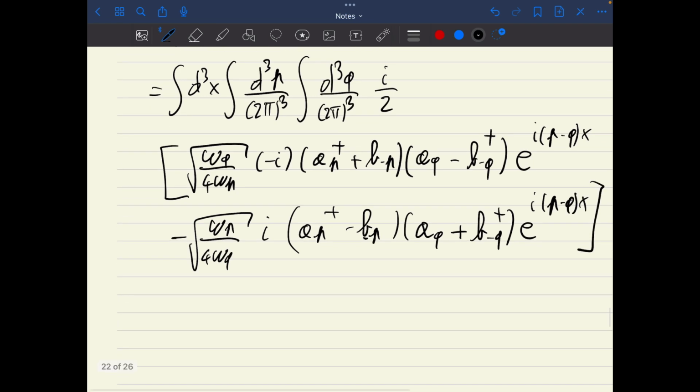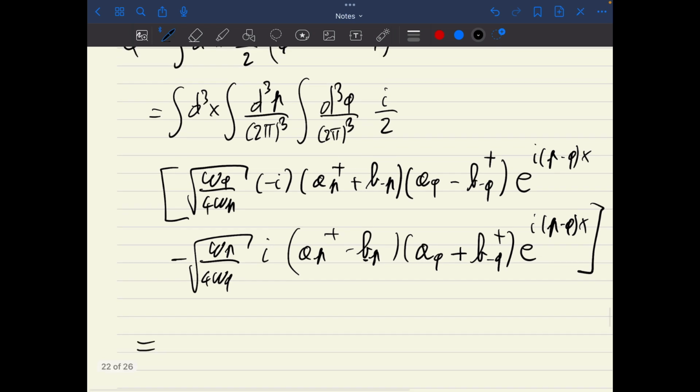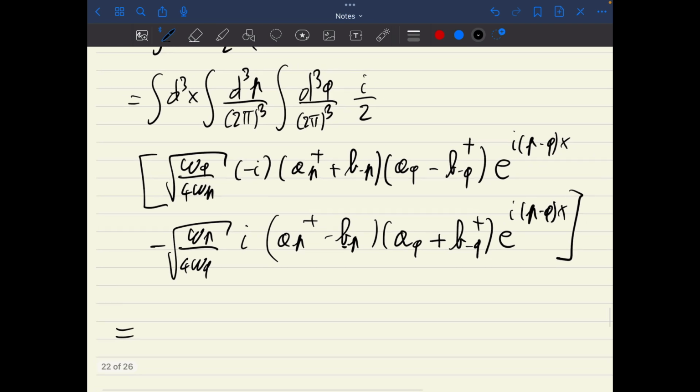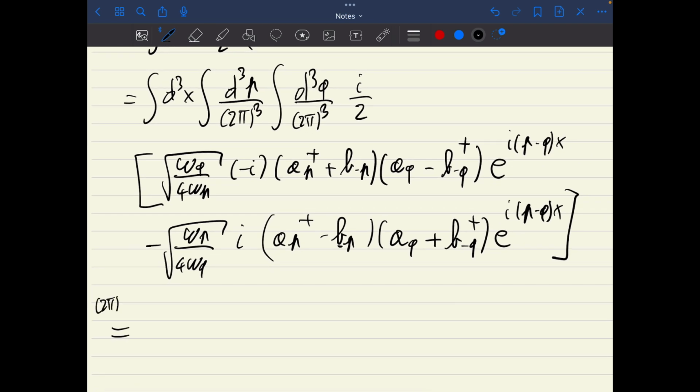So as in the previous question, we perform the x integral, and this will give us a factor 2 pi cubed delta of P minus Q.